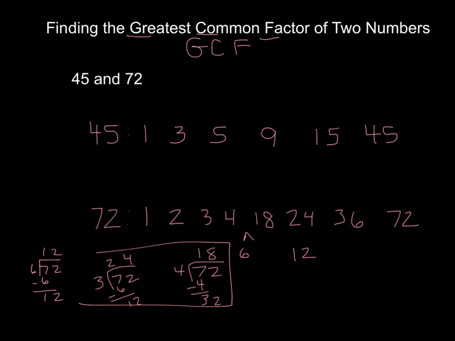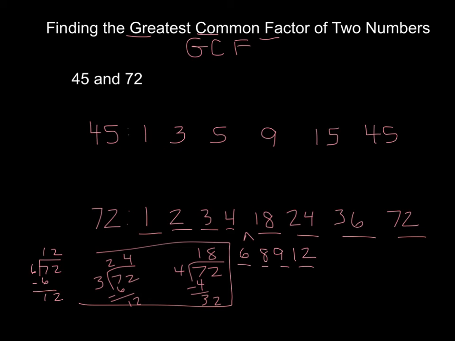So 72 is divisible by 6. It's not divisible by 7 because it would need to be 77. It's not. Is it divisible by 8? And the answer is yes, it is. Okay, 8 times 9 is 72. So 72 has 1, 2, 3, 4, 5, 6, 7, 8, 9, 10, 11, 12 factors.